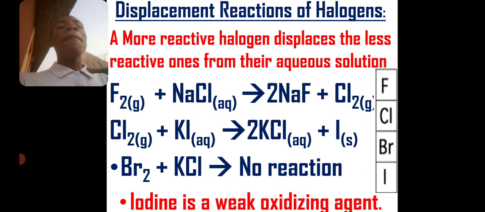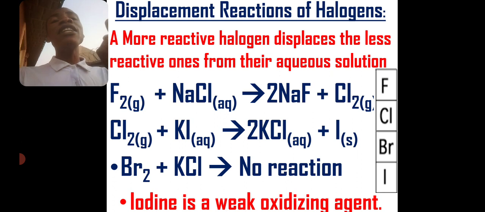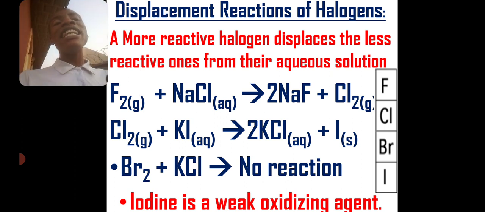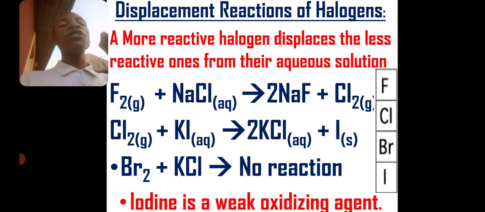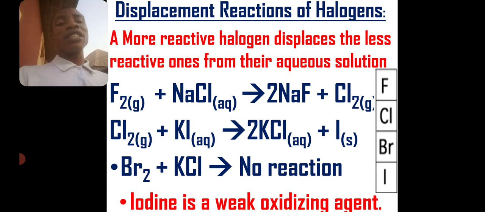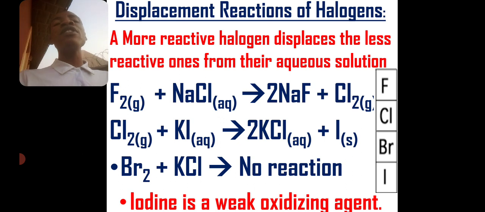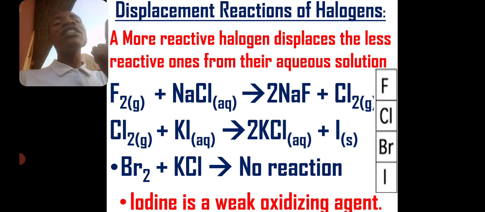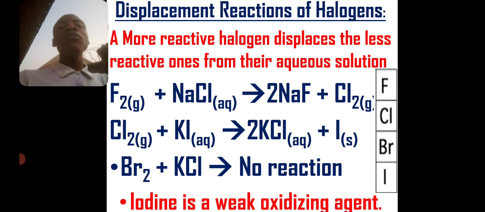Displacement reaction of halogens. Ordinarily, we know that a more reactive element will displace a less reactive one from the solution of their salt. A similar thing happens in group 7. Fluorine, which is the most reactive element in that group, can displace all other halogens from their salt.